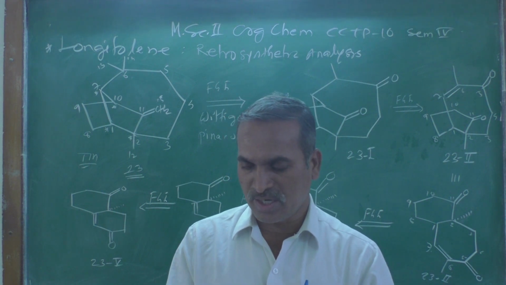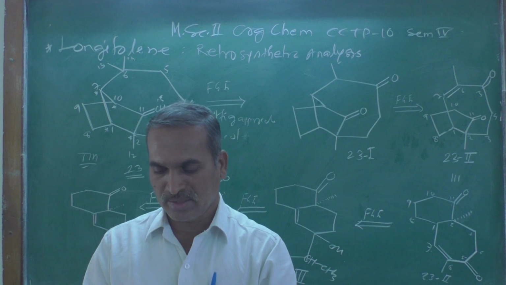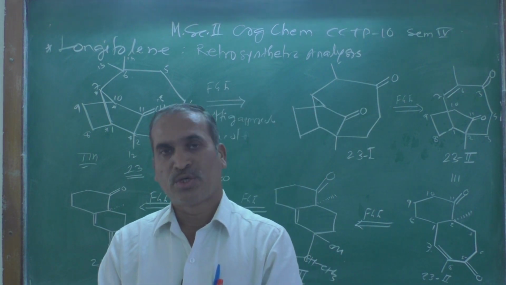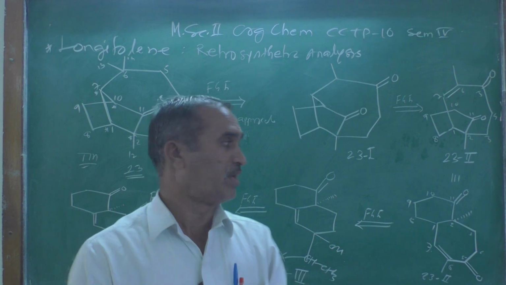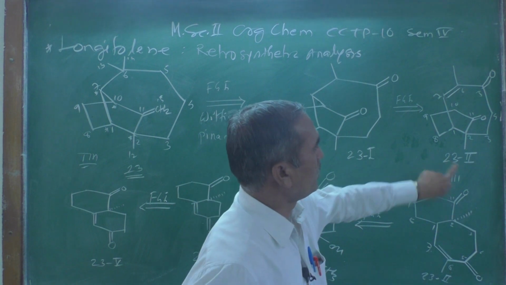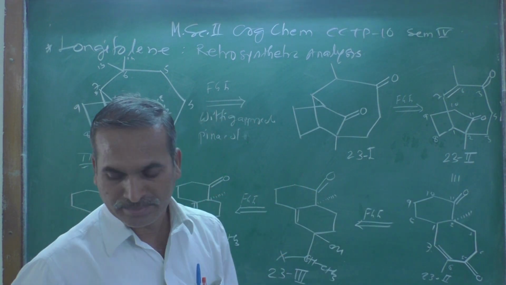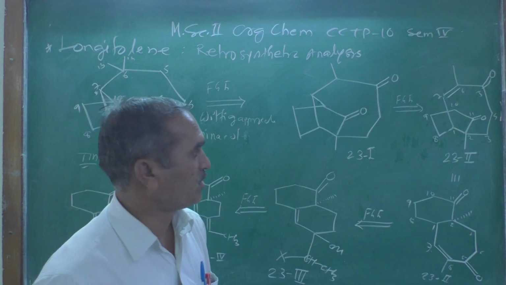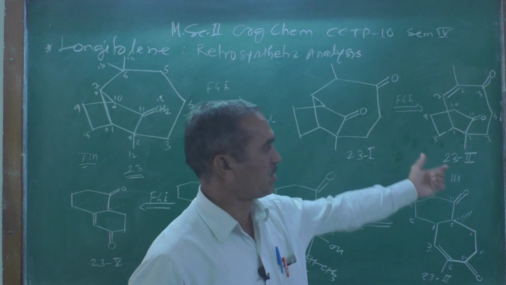A key disconnection is made on going from 23 first to 23 second. Look at here, from here to here, a key disconnection is made on going from 23 first to 23 second.